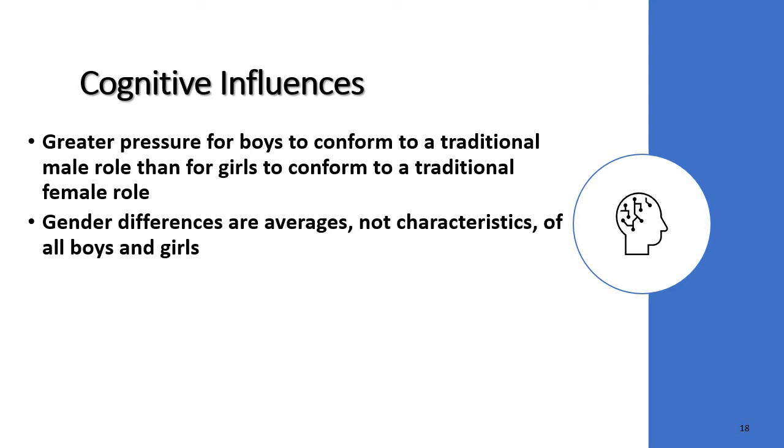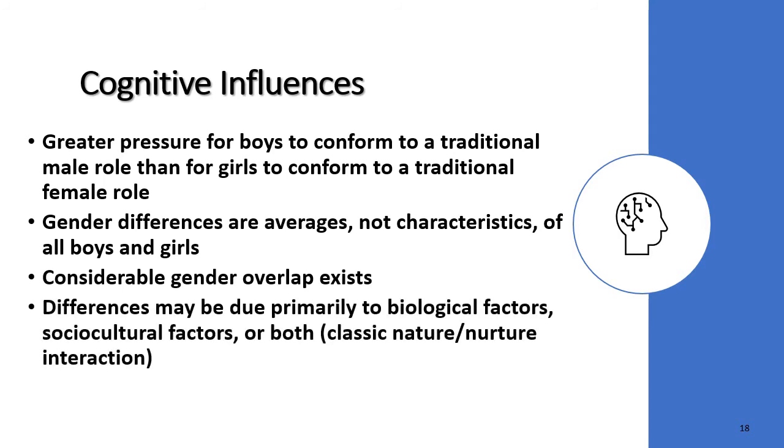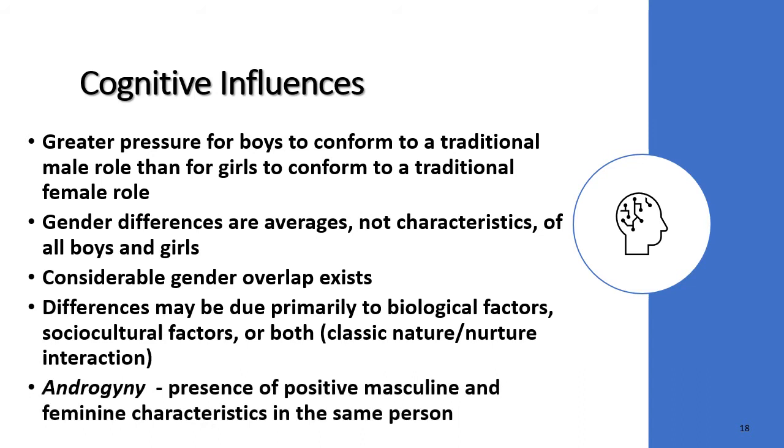Gender differences are averages, not characteristics of all boys and girls. That's an important point. There's considerable gender overlap, meaning that with a lot of these things, when we talk about the differences between men and women, there's so much similarity. There's some uniquenesses, and that's really interesting.